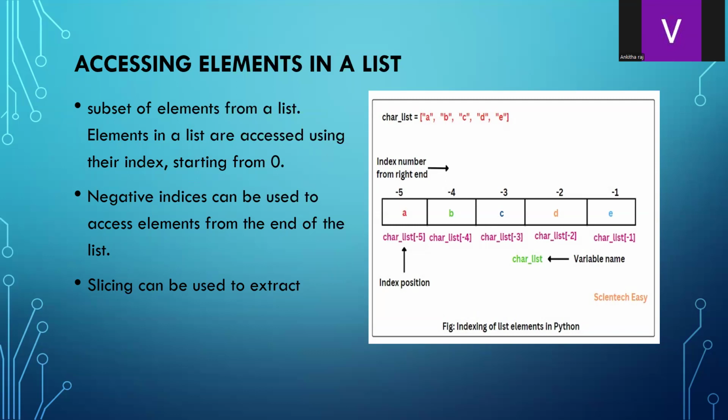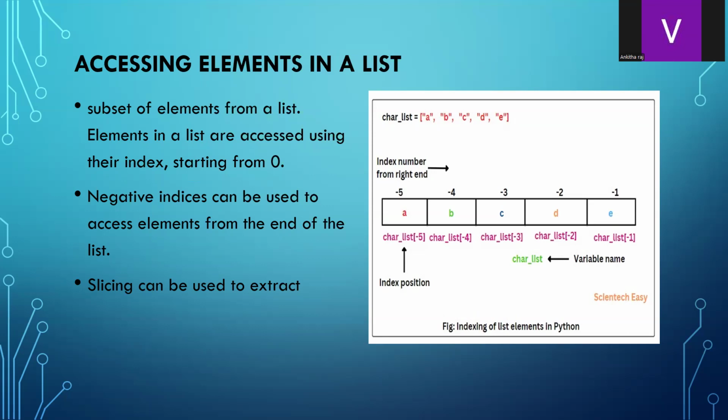Elements in a list are accessed using their index starting from 0.